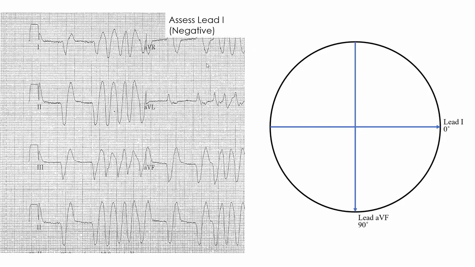Draw a grid, start with lead 1, and I'd say lead 1's negative. That's because I'm saying that this here is QRS complex, and this here is T wave. It's not always very easy to tell. For example, when we get down to here, I still think this part is QRS complex, and this is T wave.